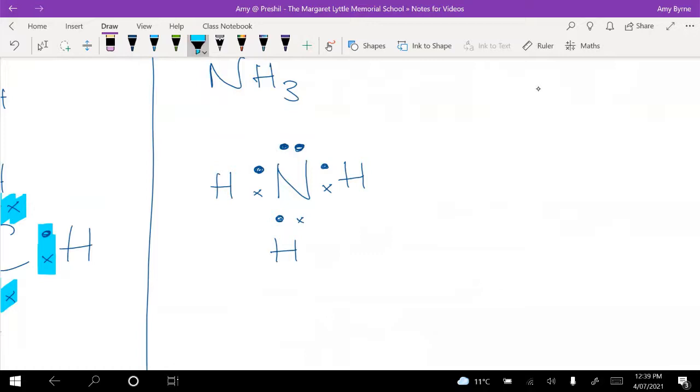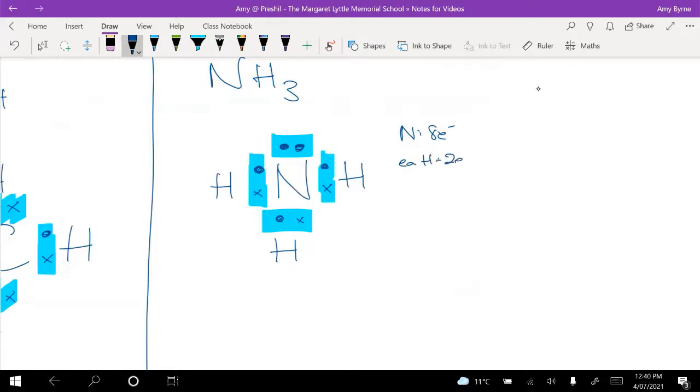So nitrogen now has 2, 4, 6, 8 electrons in its outer shell. Sorry. This hydrogen has 2 electrons, this hydrogen has 2 electrons, and this hydrogen has 2 electrons. All of these atoms are now happy because nitrogen has 8 electrons and each hydrogen has 2.